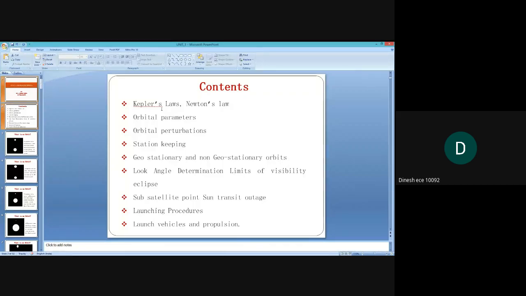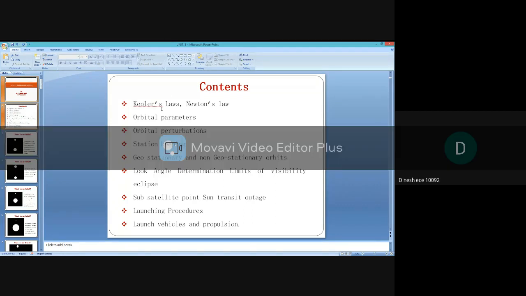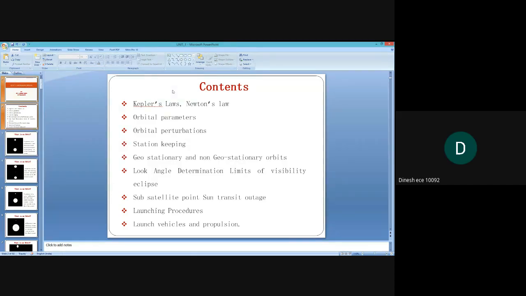Then we'll be seeing the look angle determination, the limits of visibility, eclipse, the subsatellite point, sun transit outage, the launching procedures, launch vehicles, and propulsion system. So these are the contents for Unit 1.